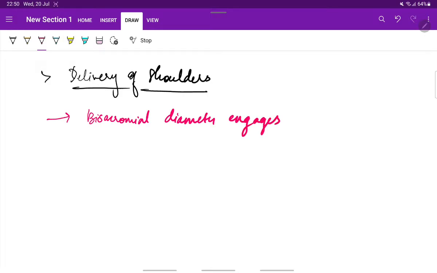Only then we should perform the delivery of the shoulders. So here there will be delivery of the posterior shoulder first, followed by the delivery of the anterior shoulder.